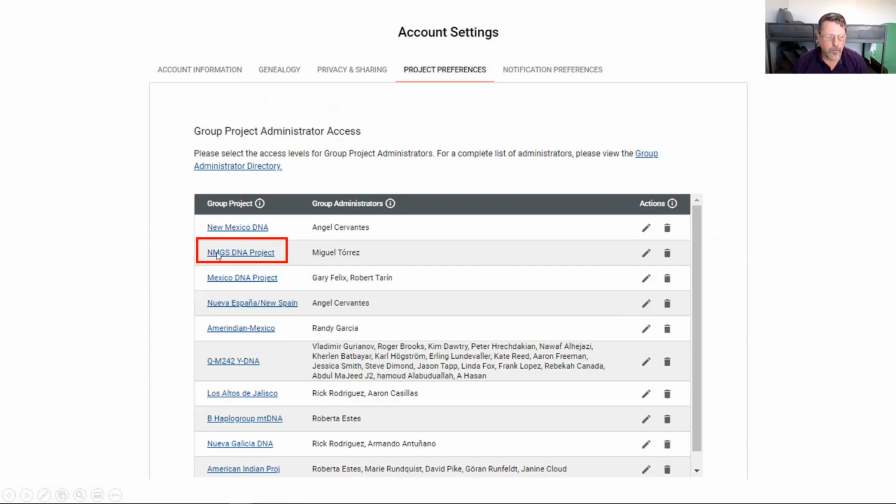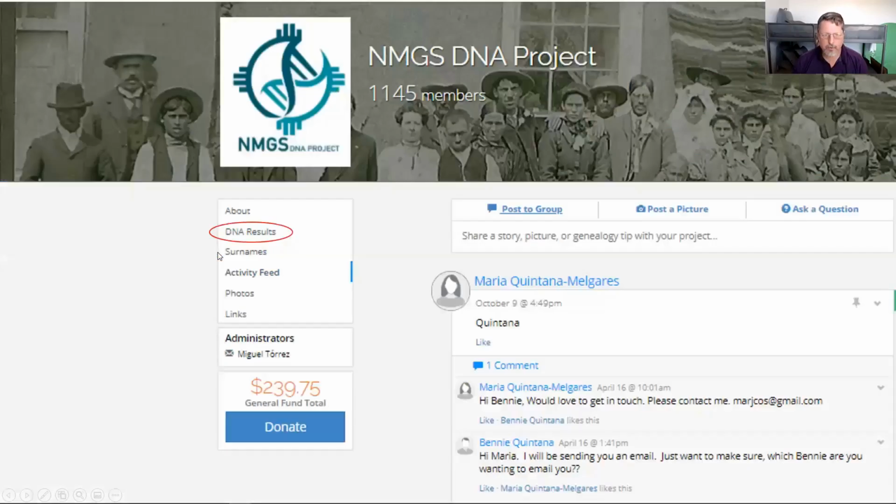So I click on the New Mexico Genealogical DNA project and it brings me to the project page. And if you're not a member, there'll be this big join button right here. And oh, by the way, if you were signed into your Family Tree DNA account and happen to just find this through Google, it'll automatically know who you are. Then you just press join, and usually that's it. And then you're in. You can donate funds like I just did last week.